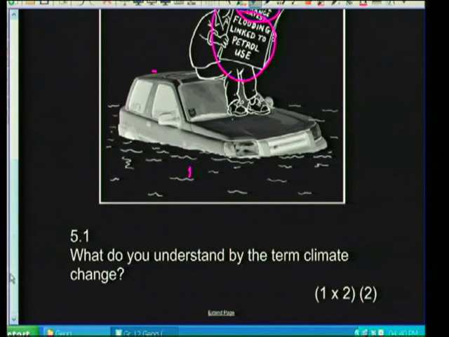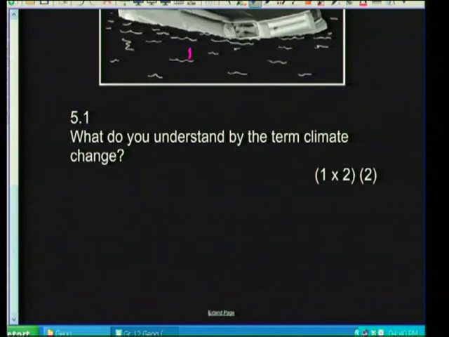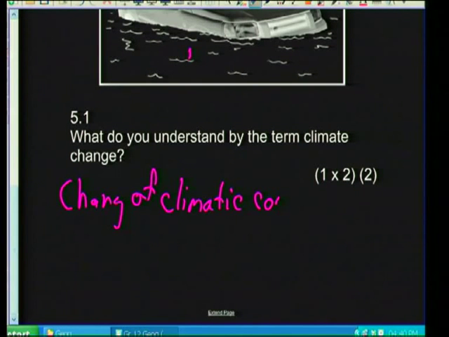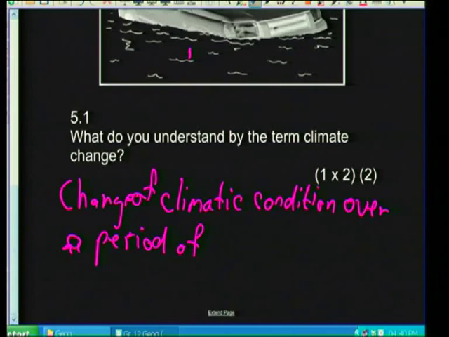What do you understand by the term climate change? It's the change, you know the definition, change of climatic conditions over a period of time.